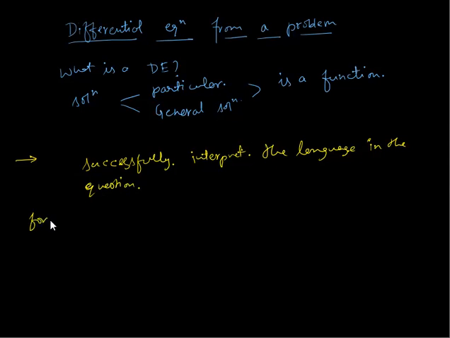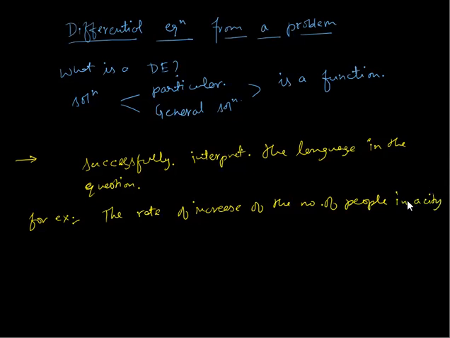For example, let's take the rate of increase of the number of people in a city is k times the number of people in the city.